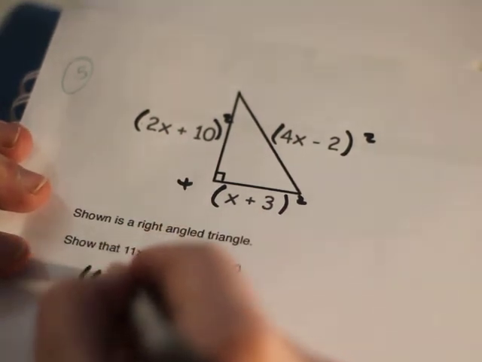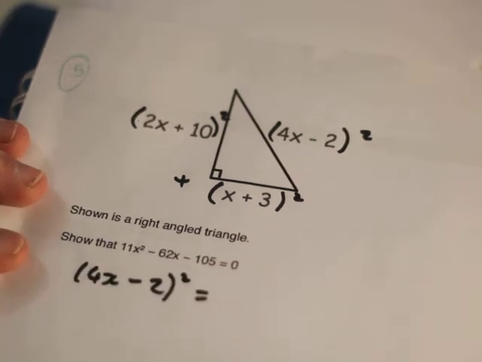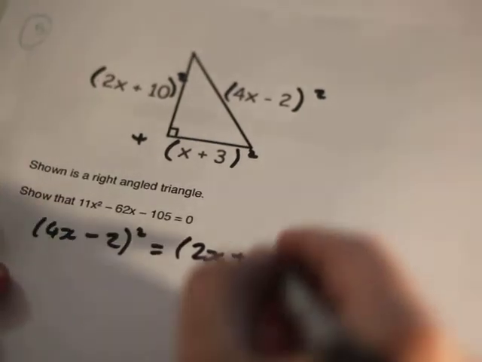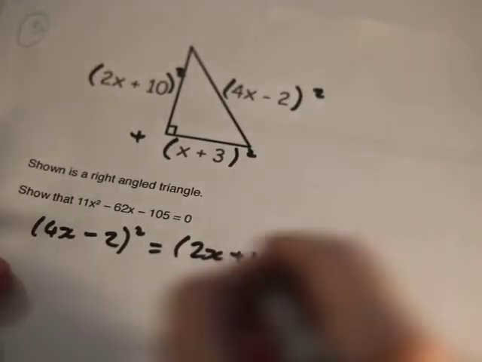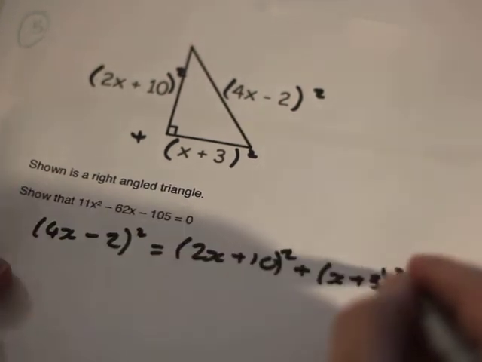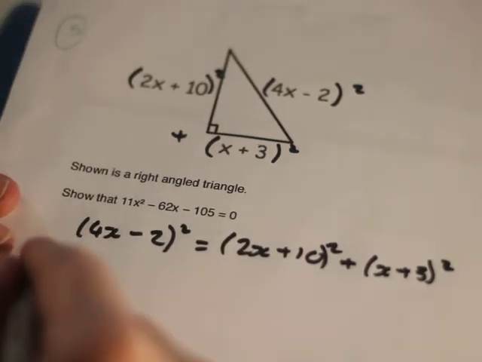So 4x take away 2 squared equals 2x plus 10 squared plus the x plus 3 squared. Right, let's multiply out those brackets.